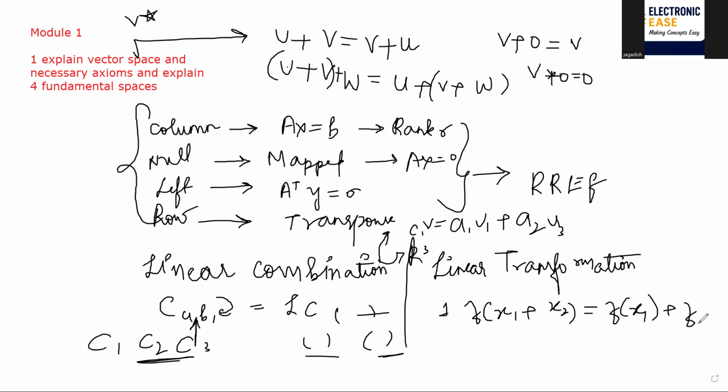So for a linear transformation, you need to prove these two conditions, that is the addition and the scalar multiplication, that is f of ax is equal to a into f of x. This is the difference between the linear combination and the linear transformation, and I've clearly mentioned it in my notes. So what is the meaning of linear combination and the linear transformation?